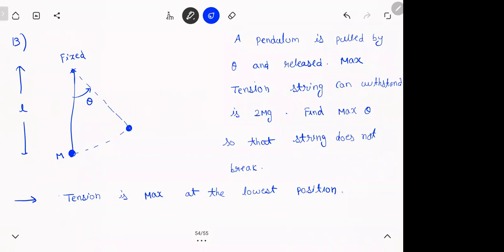Getting it? Why? Because when it is swinging, the speed is maximum at the lowest position. So the tension is maximum at the lowest position.